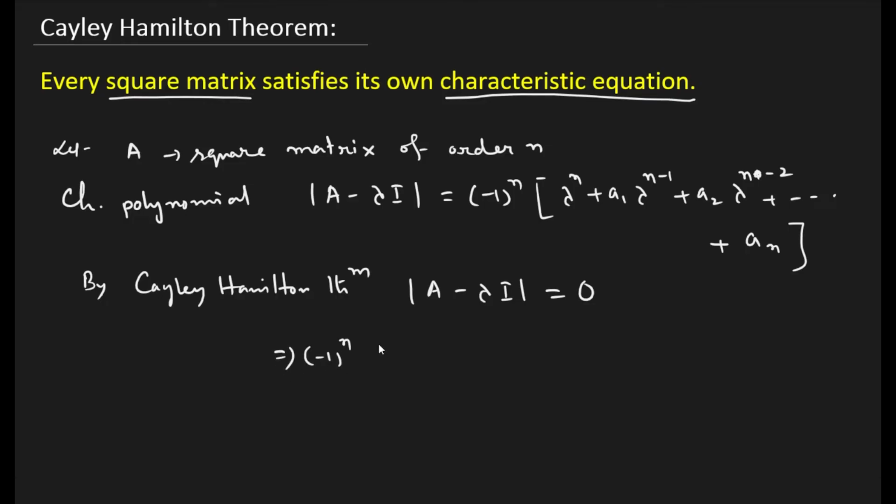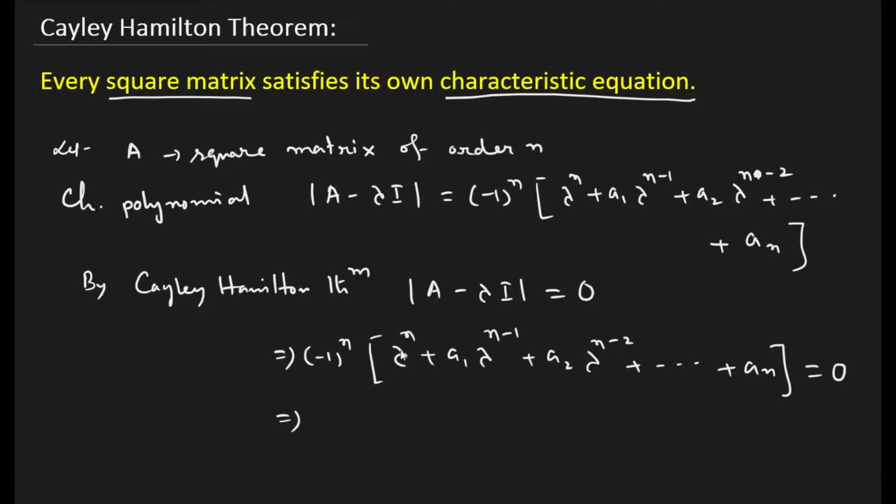Minus 1 to the power n, then lambda to the power n, here a1, a2, these are all constants, lambda to the power n minus 1, lambda to the power n minus 2, so like this, equals to 0. Now after setting to 0, we can cancel this term, minus 1 to the power n. So finally we have lambda to the power n, a1 lambda to the power n minus 1, and so on, plus an equals to 0. So this is the characteristics equation.